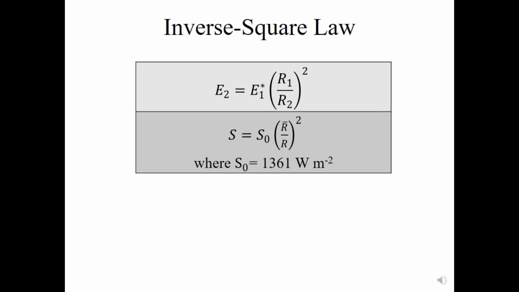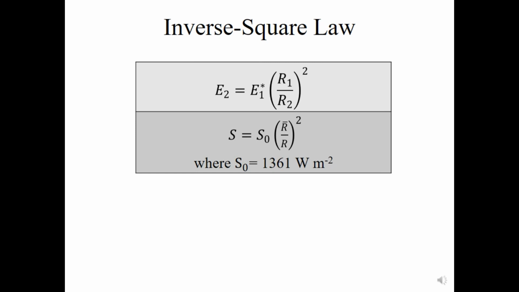And of course, we can use that inverse square law to try and determine how the solar constant basically changes with the radius that we have from the sun. In this case, what we're looking at is the solar constant S naught, which is 1361 watts per meter squared.